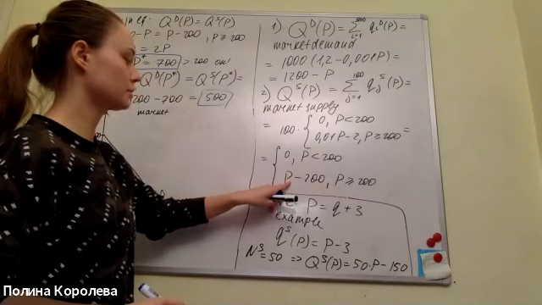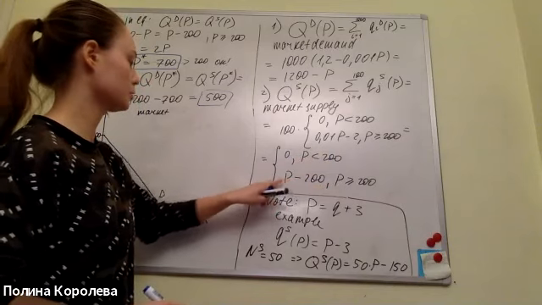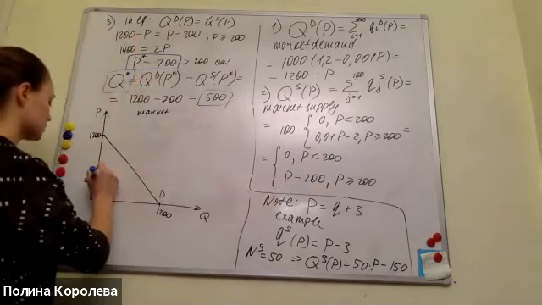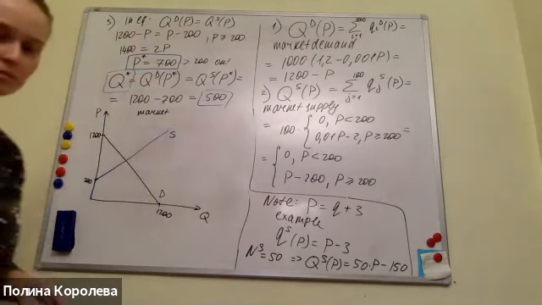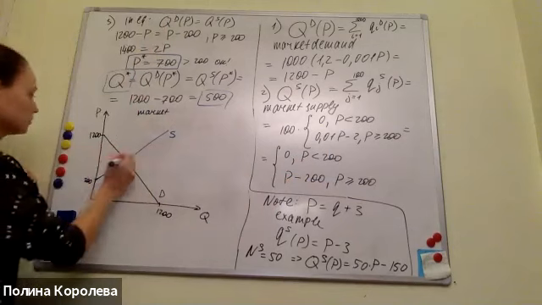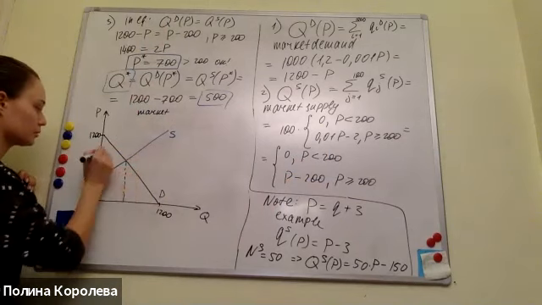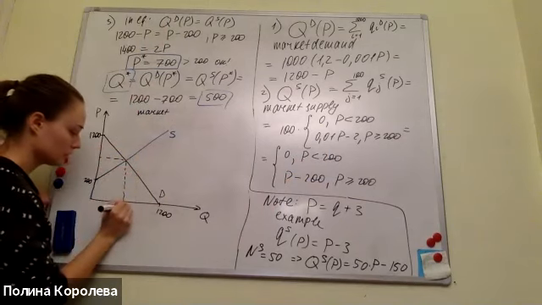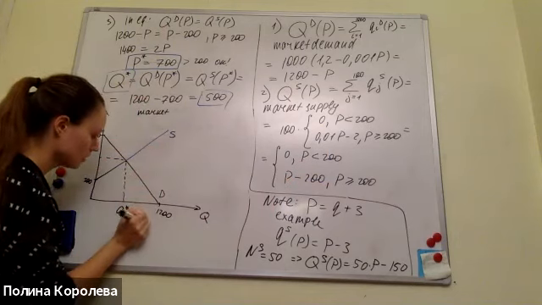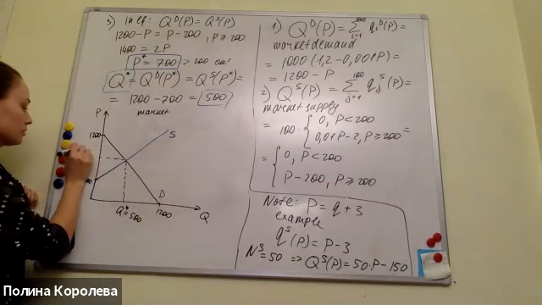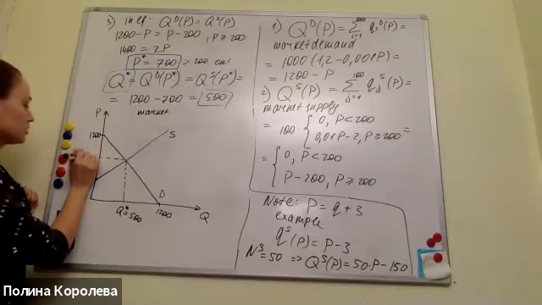The slope, positive slope, with the slope equal to 1. So it's something like this. When we cross them, we get the equilibrium. This Q star equals, we counted, 500. Price equals 700.